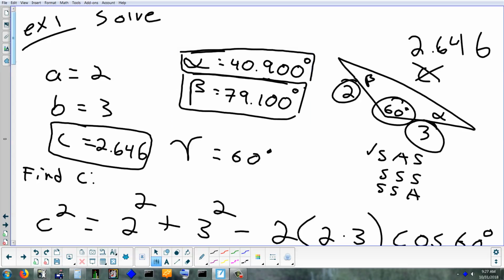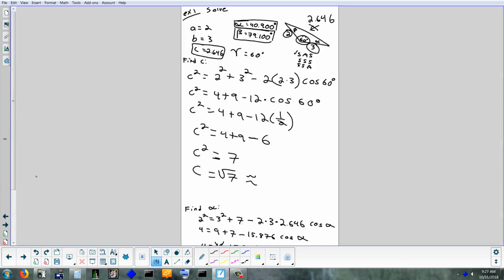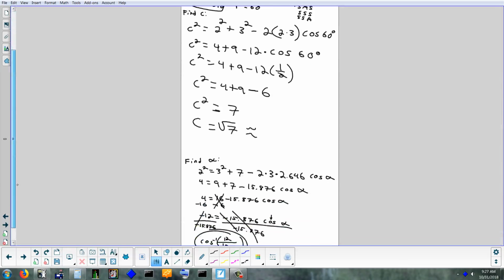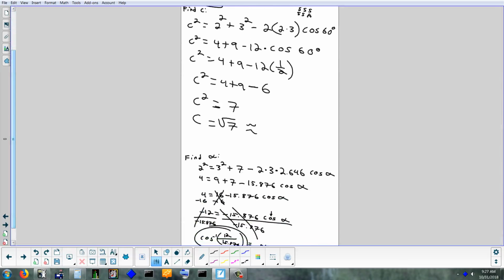Any question on that one? So what we really did here, just to look at the big picture, we found 2 different things. We found a side and we found an angle. With side, angle, side, you always have to do that. Finding a side is really just arithmetic.